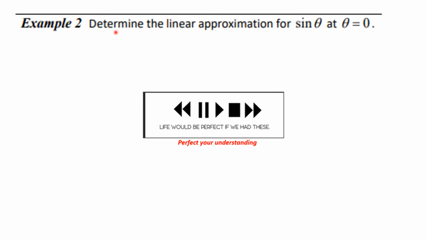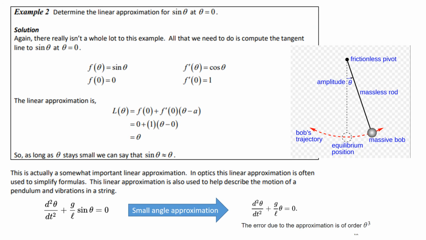Let's do another example. We're to determine the linear approximation of sine theta at theta equals 0. You know what to do. Let's see how you did. Okay, so f of theta is sine theta, and when I put 0 in, I get f of 0 is 0. The derivative of the sine of theta is the cosine of theta, and when I put 0 in there, I get 1.